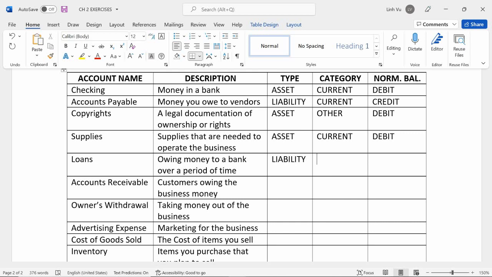Now, is this going to be a current or a long term? Long term. Most loans are typically going to be long term. Okay. Now, is that going to be a debit or a credit balance? Credit. Good. Right. You increase liabilities with a credit.